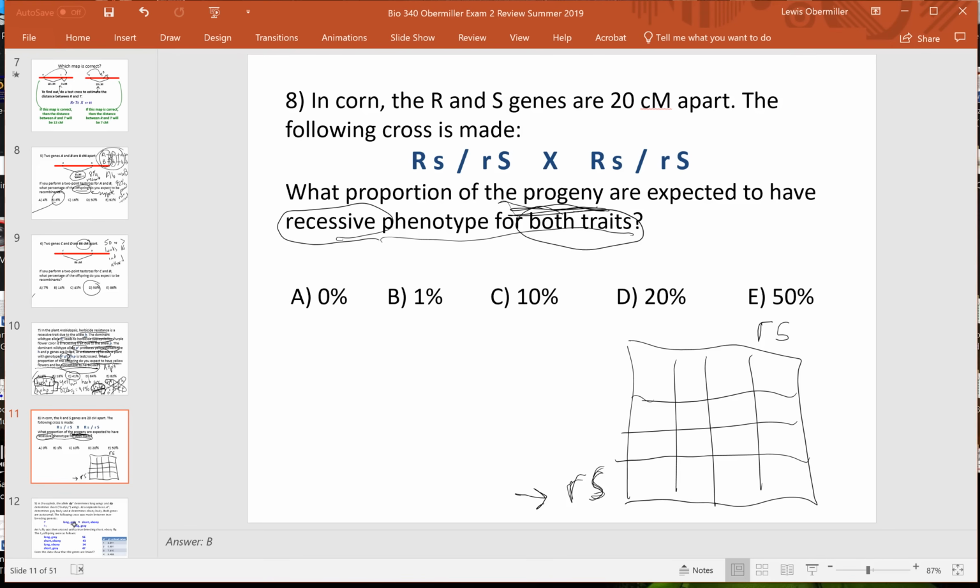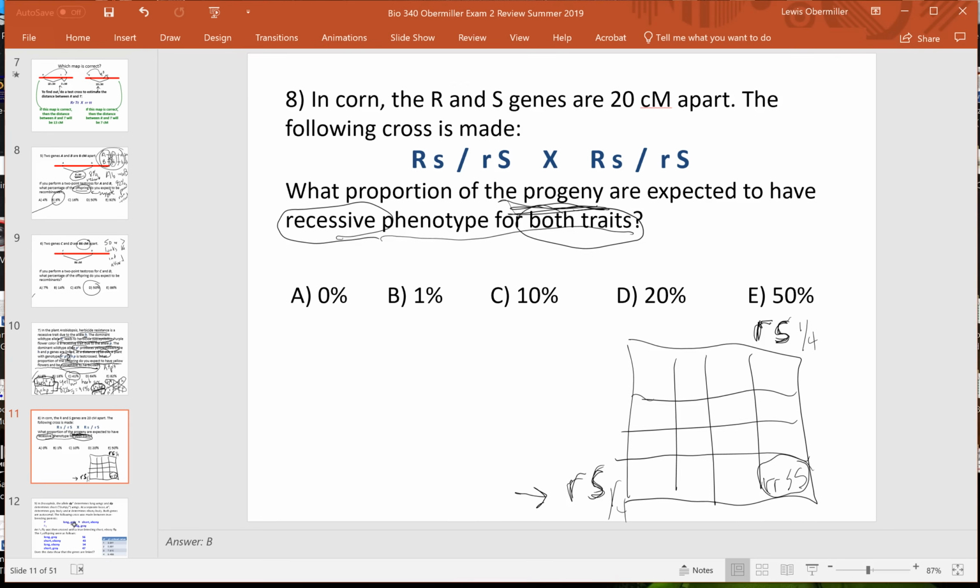I know these are terrible letters to pick, but this is little r, little s. And then in the end we would get little r little r, little s little s. And if these are sorted independently, we would expect this to be made 1/4 of the time, and this to also be made 1/4 of the time.